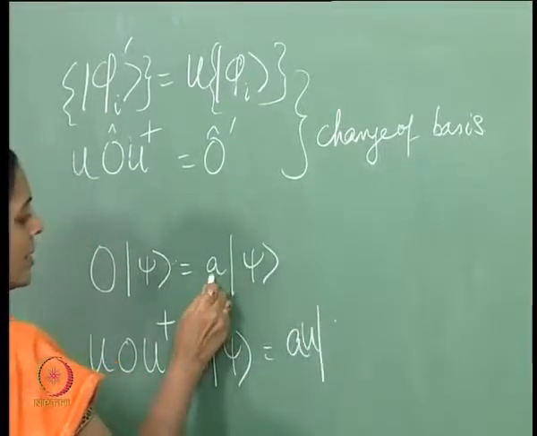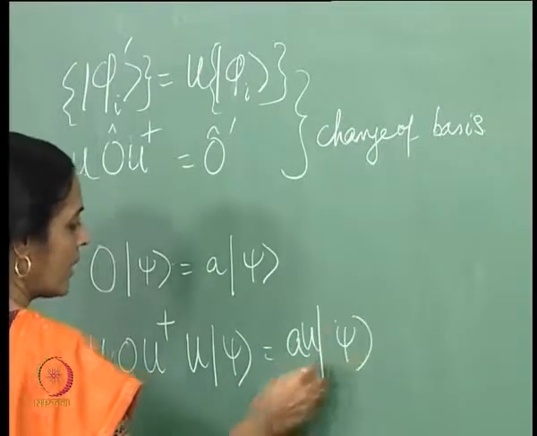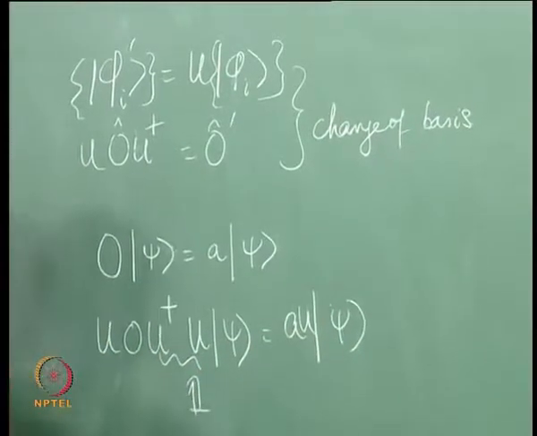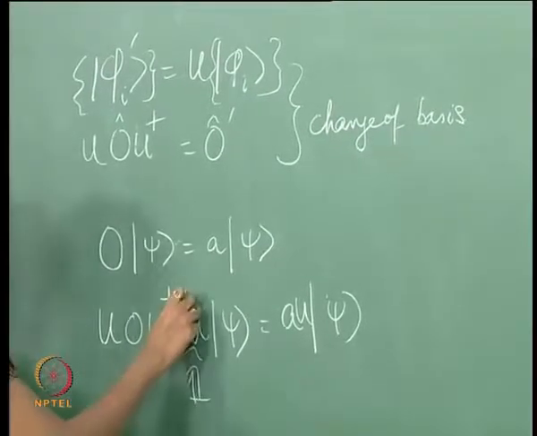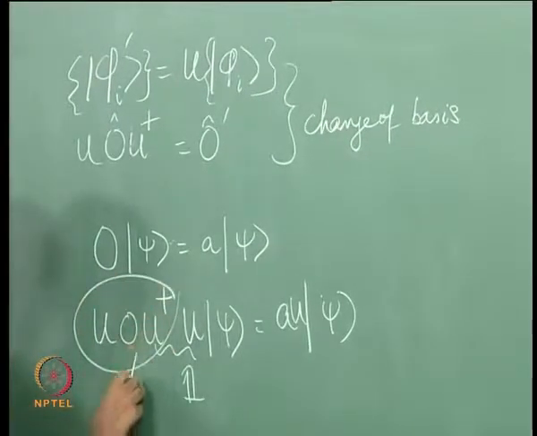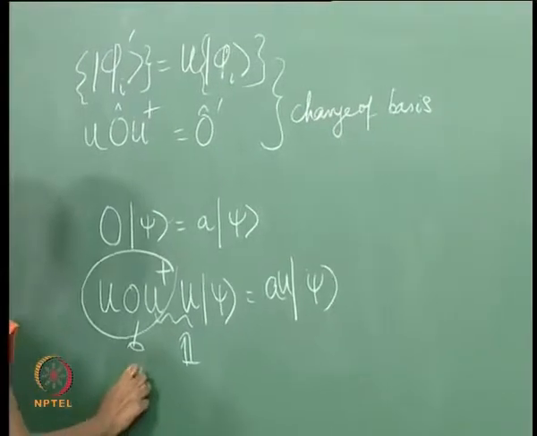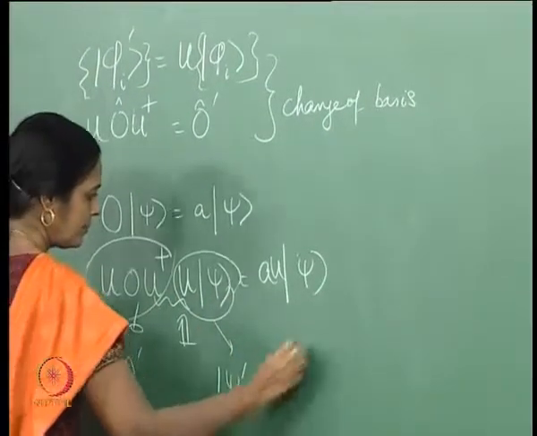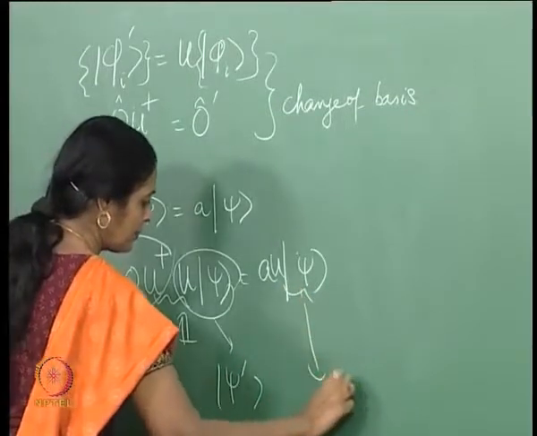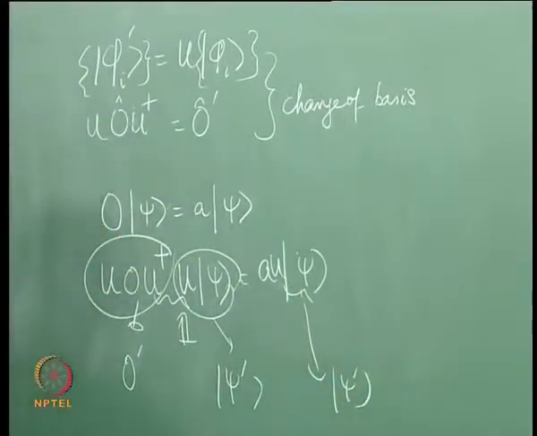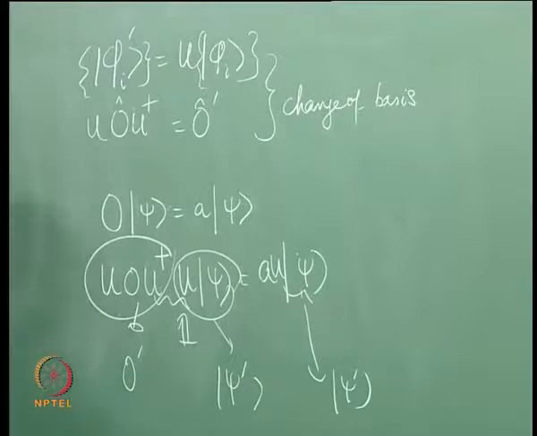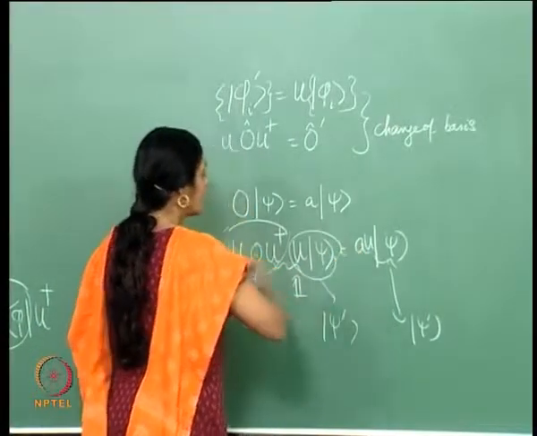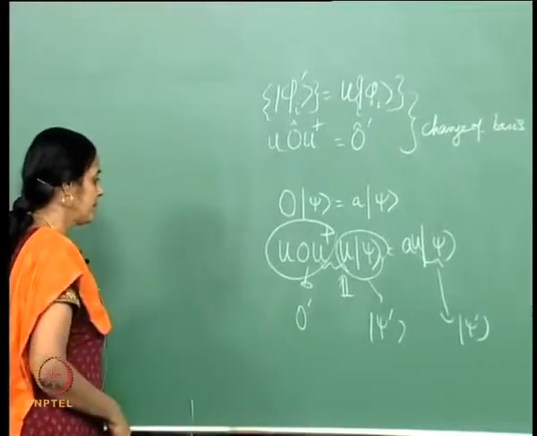Since A is just a number, I can pull it out and put it here, and this is 1. So this object is O prime, this is psi prime, and this is psi prime. Eigenvalues do not change under this unitary transformation.